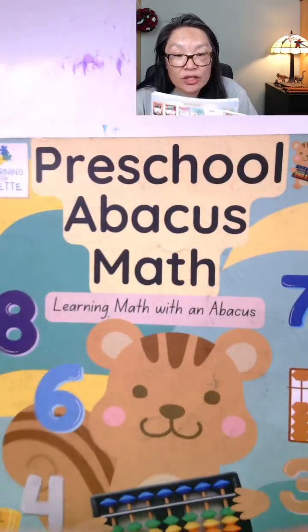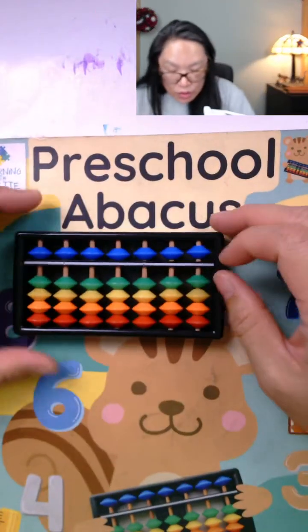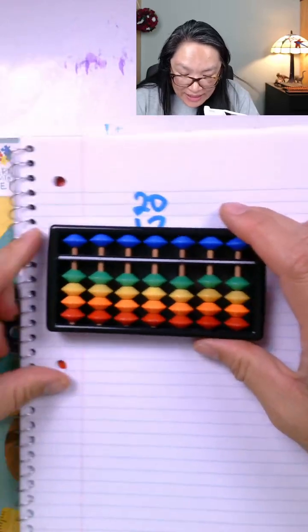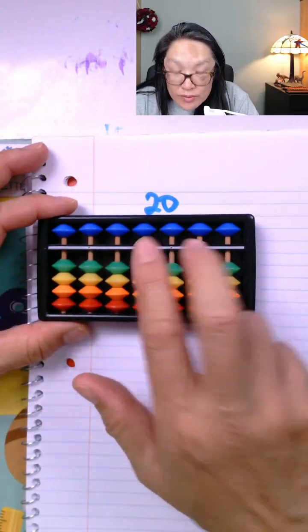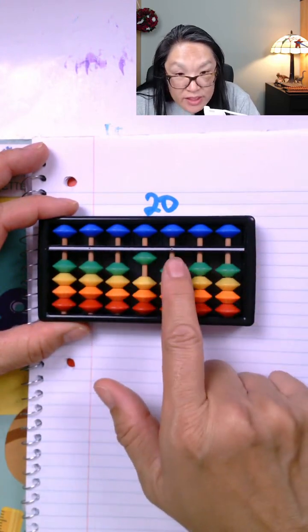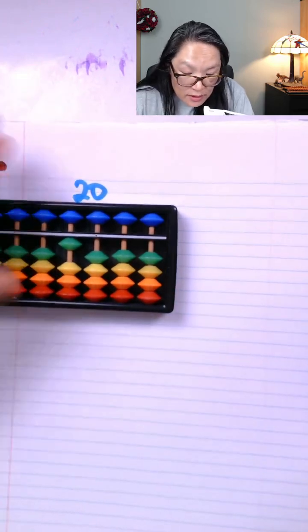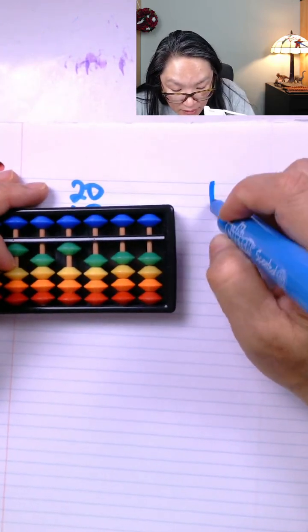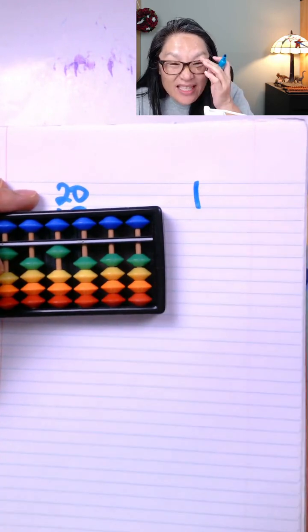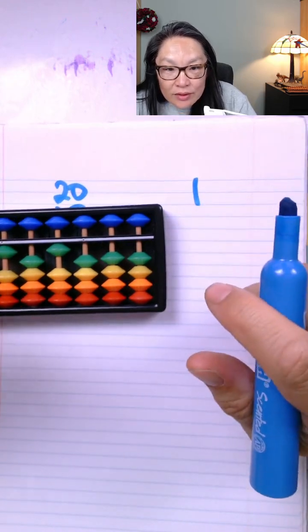Okay, so let's go back. How do you count to 10 using one bar only? You can't. You have to use 2, because just like how we write 20, we need 2 columns. We need a 2 and a 0. So if we did 10, it'd be a 1 and a 0. You can't write 10 with one number. You need to have the second number.